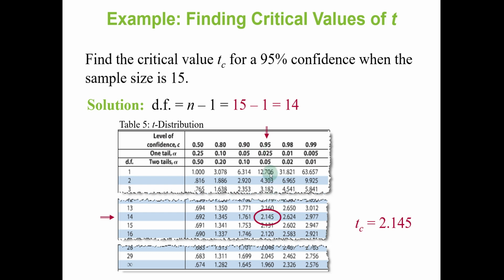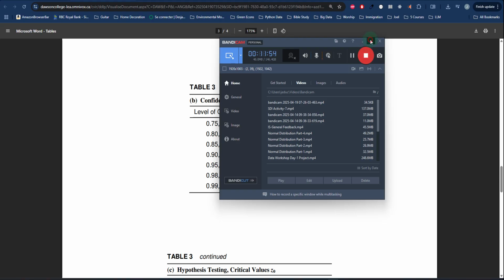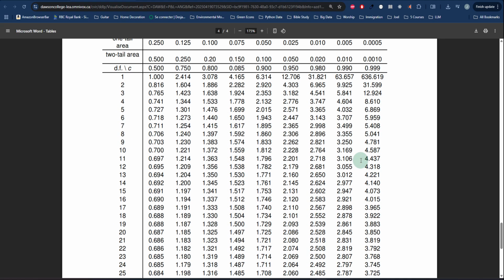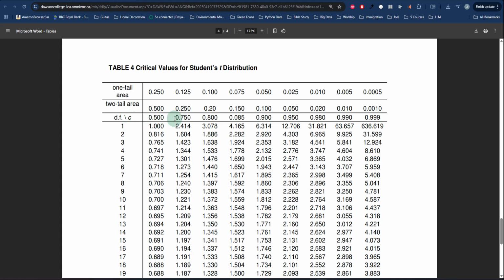And this table for us, it is the fourth page of the document that was given. So if we come back to the table, if you go to the fourth page, you'll find that your C is on this line. You'll see that here you have 95. The degrees of freedom is here.